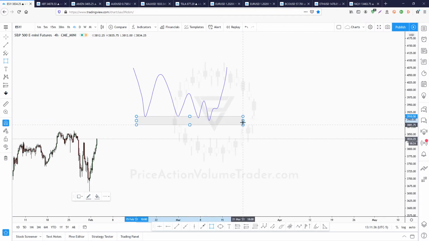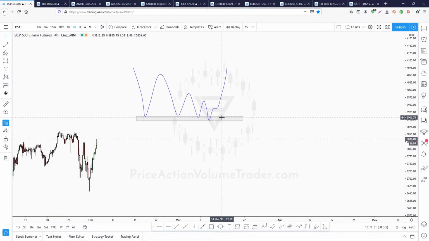Whenever price comes down into this level, we can see that the buyers overwhelm the sellers, and we have a reaction and price pushes back up. So this will be our support level.